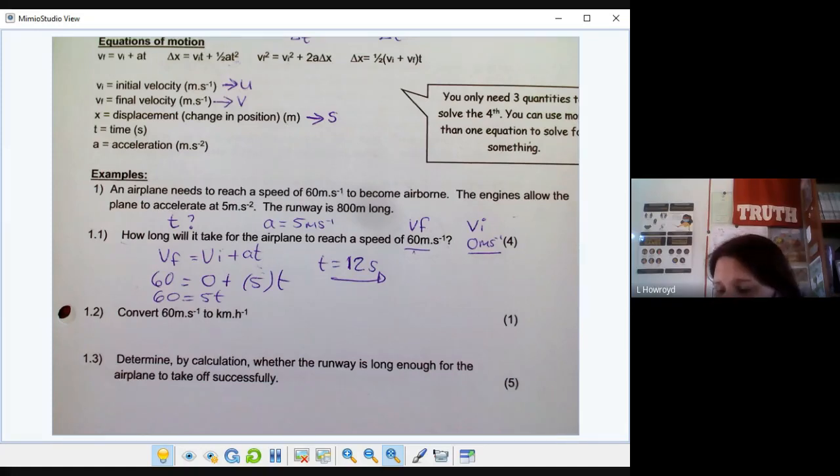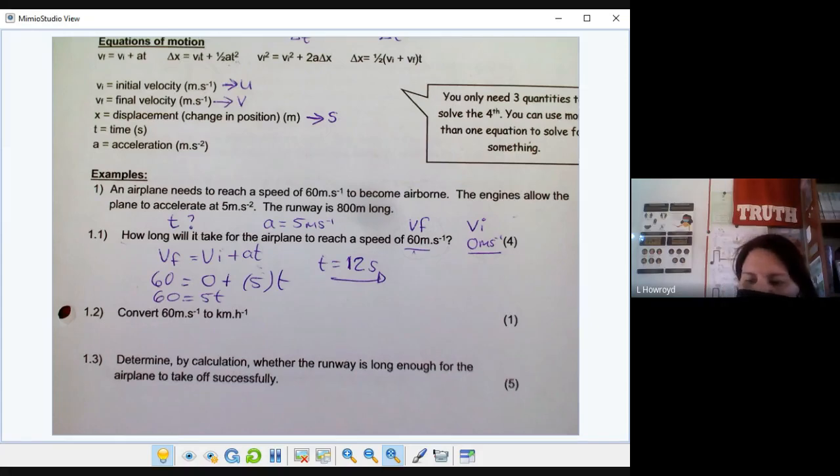Okay, convert 60 meters per second to kilometers per hour. Does anyone remember how to do that? Yes. It was times, eh? Yes, times 3.6.